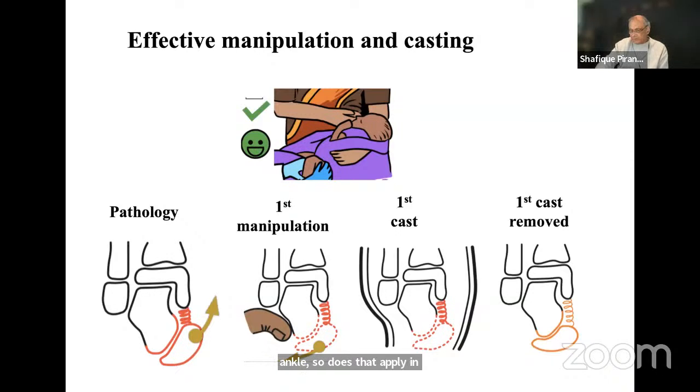The subtalar joint in clubfoot is different from the subtalar joint in cerebral palsy in most situations. Because in cerebral palsy, most of the time the subtalar joint is mobile, whereas in clubfoot, you have to be correcting the subtalar joint during the same process, I should say.